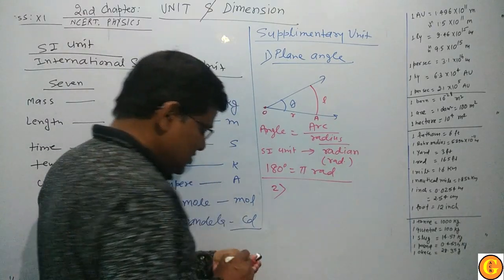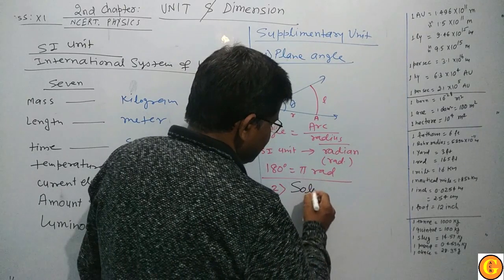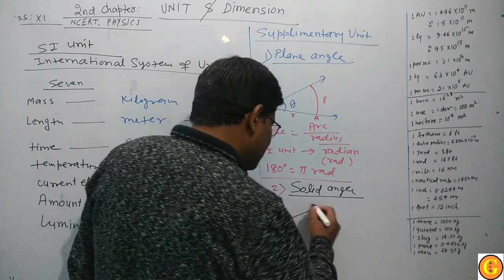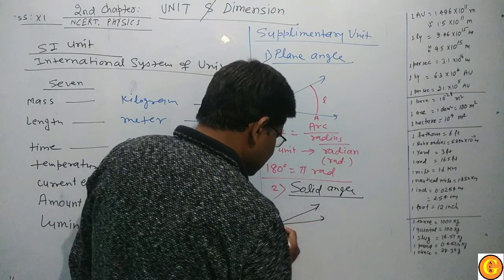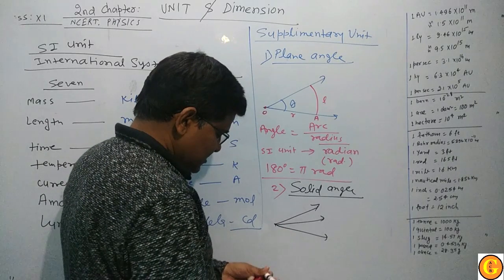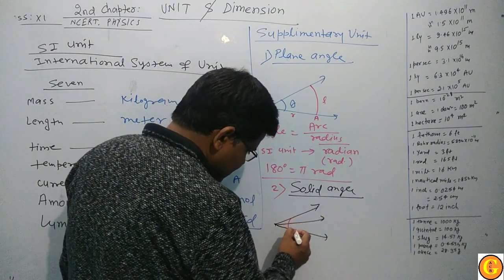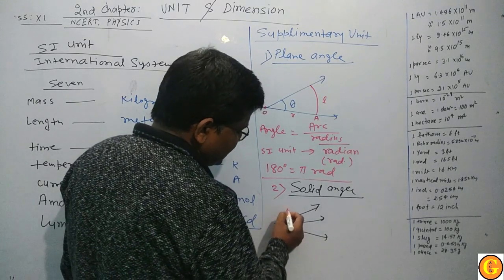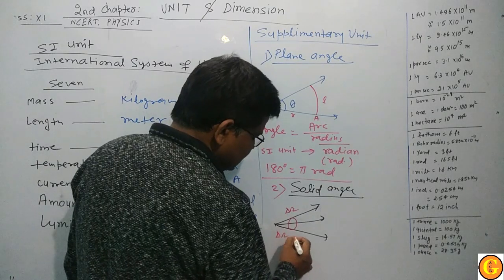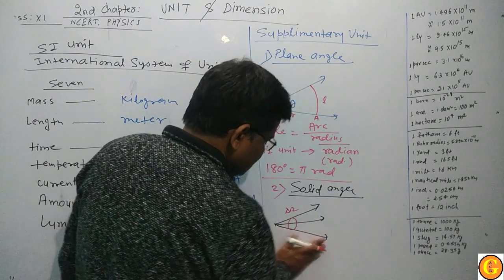The second is the solid angle. Suppose this part of the angle is covered; this angle is called delta omega, and delta omega is equal to area by distance r square.